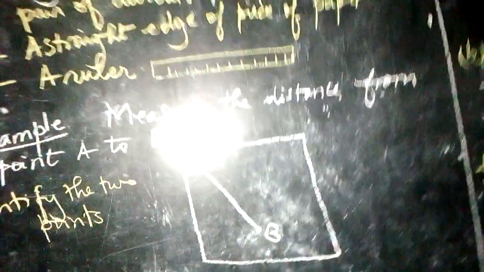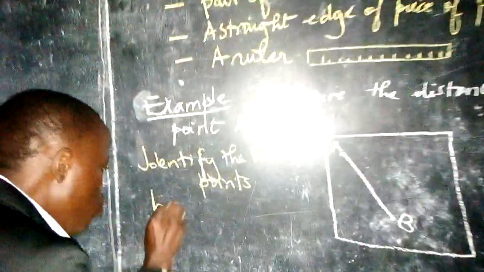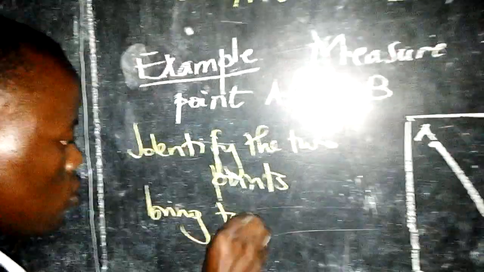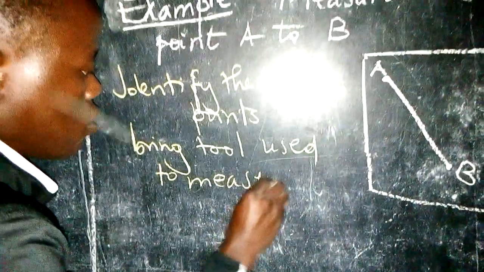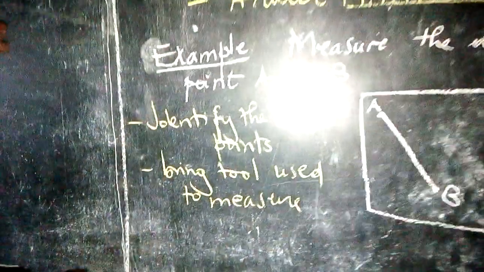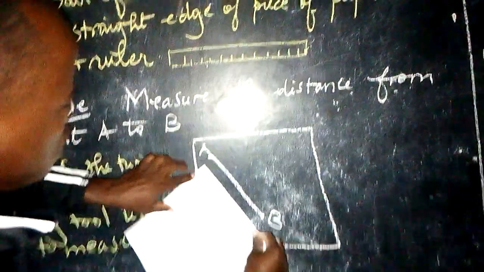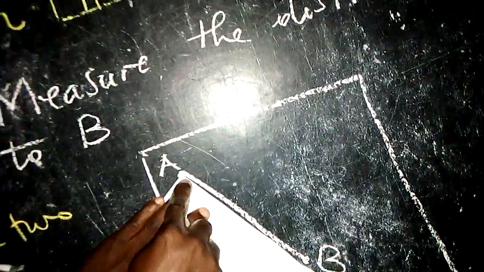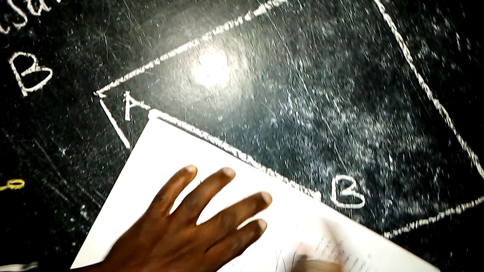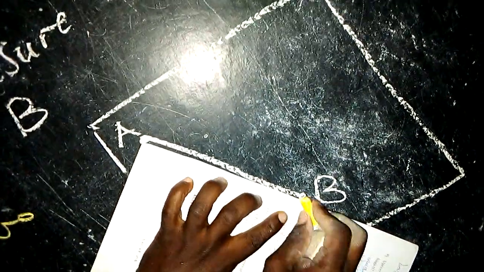And then you bring a tool you want to use to measure. For example, if I want to use a straight edge piece of paper, I can do it like this, measuring from point A to point B, and then I mark here.